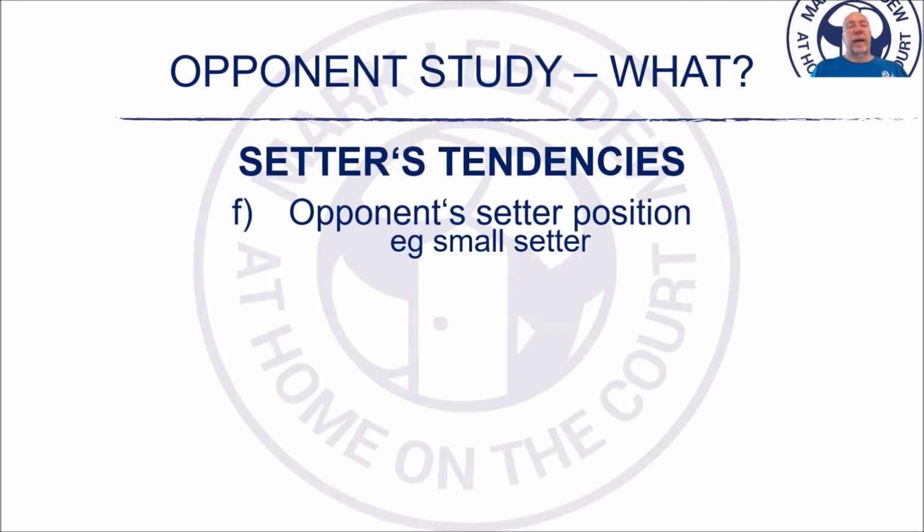So if we have the ability to look at a particular setter's distribution compared with the opponent's rotation, then that can often give us some different insight than if we're only thinking about what they do with their side of the court.